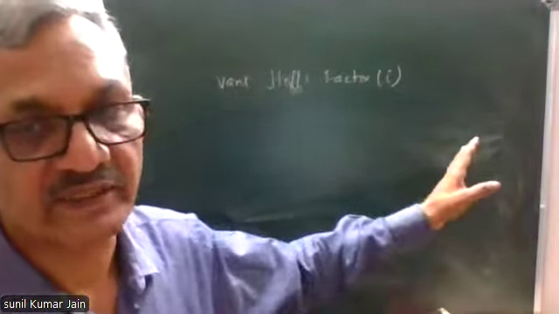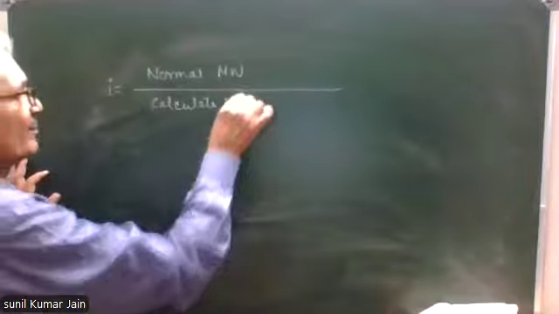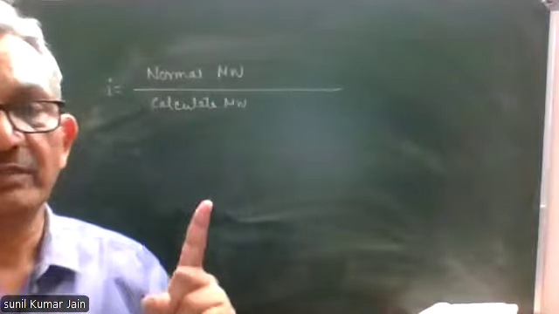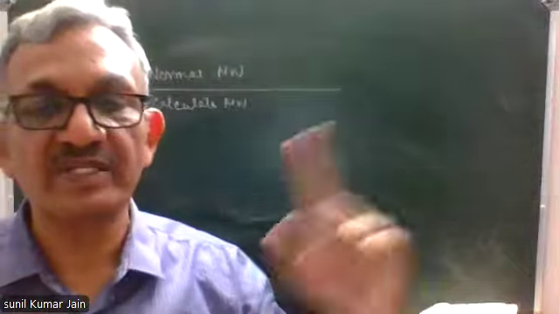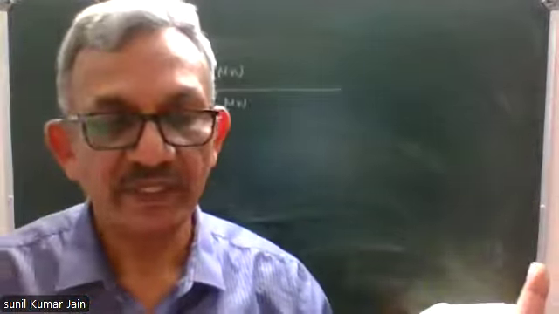What are these definitions? i is equal to the normal molecular weight divided by the calculated molecular weight. If I say calculated molecular weight, it means calculated on the basis of colligative property.